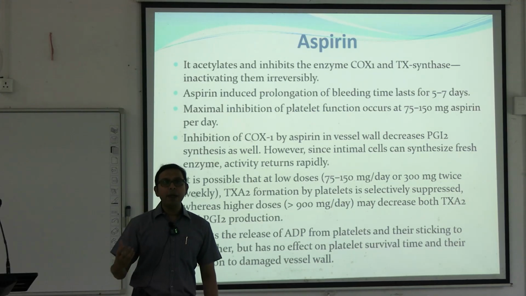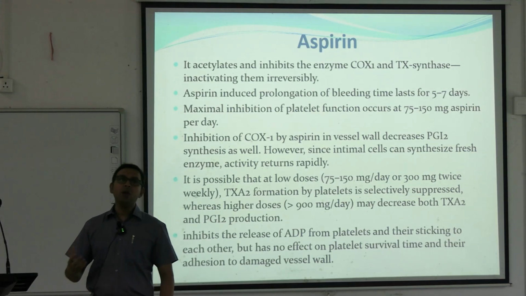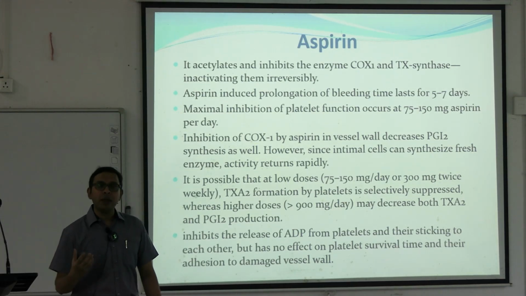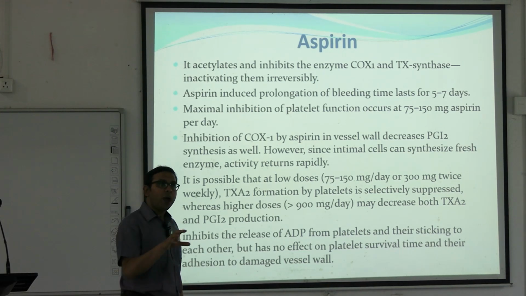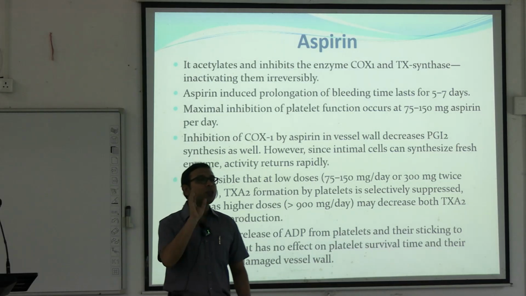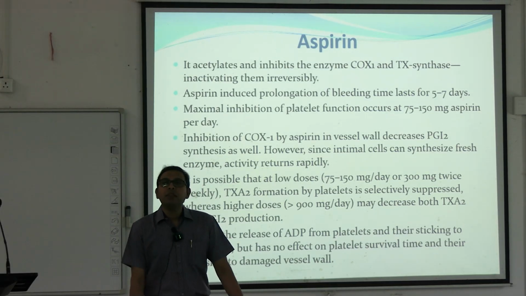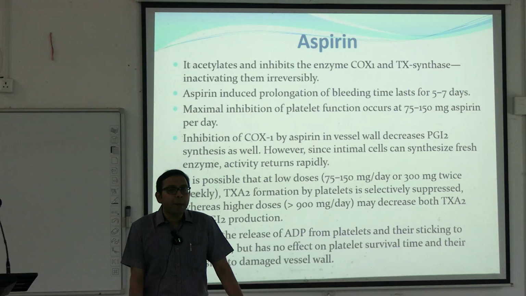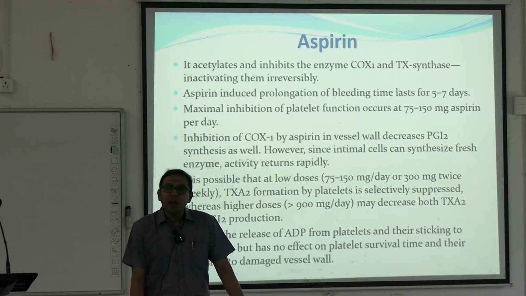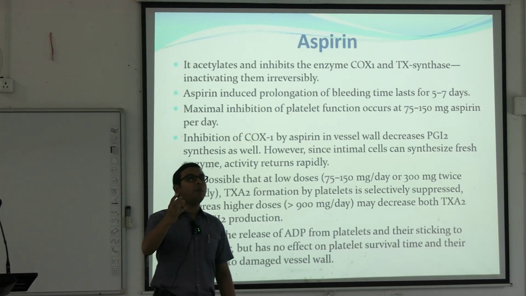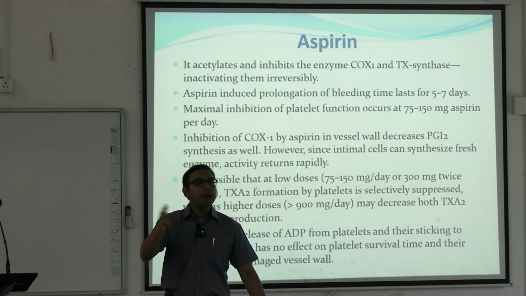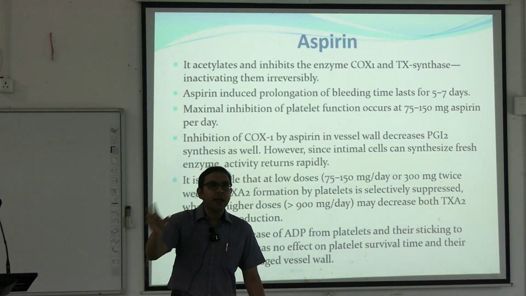When it inhibits cyclooxygenase, there will be less synthesis of thromboxane A2 as well as less synthesis of prostacyclin I2. But it has been seen that when we use a low dose of aspirin, for example 75 to 150 milligram per day, it preferentially inhibits thromboxane A2. Thromboxane A2 is a prothrombotic molecule, meaning it leads to platelet adhesion and aggregation.